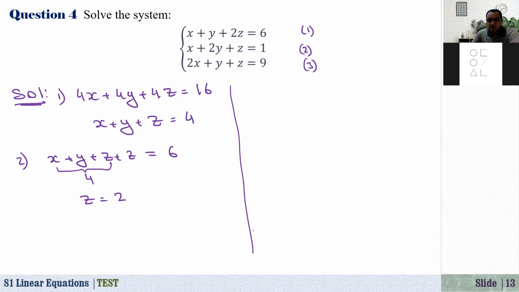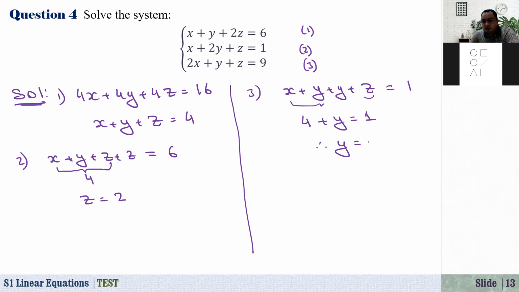And in a similar way, if you write the second equation, x plus 2y, I can write it as y plus z is equal to 1. And what is x plus y plus z? Again, it is 4. So I can just write here 4 plus y is equal to 1. What is y? Y equals negative 3.